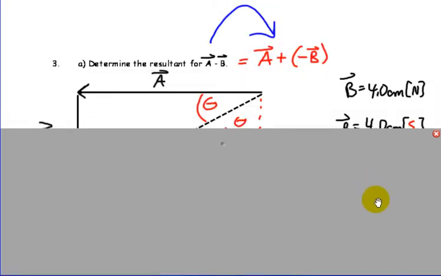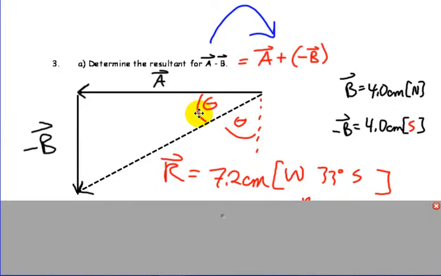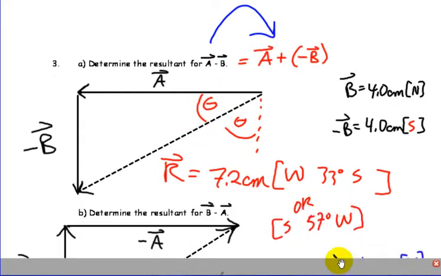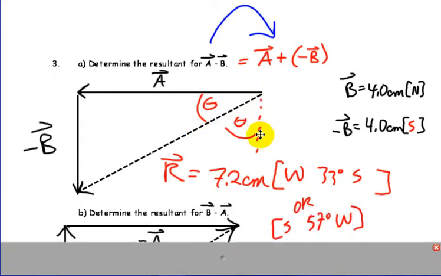So if we draw that, vector A is the same as usual, going to the west, but now vector negative B is going south. So we figure out the resultant. We get the same magnitude, but the direction is not the same. You can see it's a quadrant 3 vector, west 33 south, or if I had chosen to measure it this way, south 57 west.